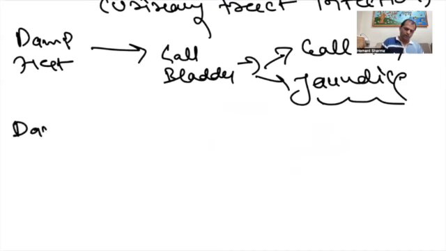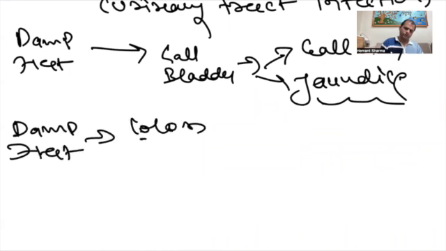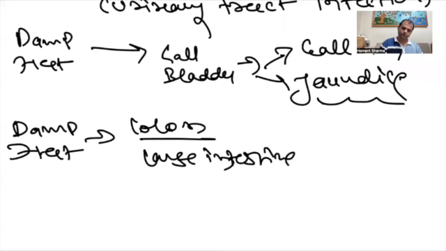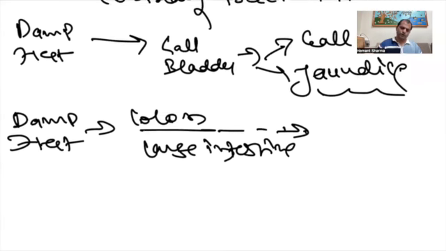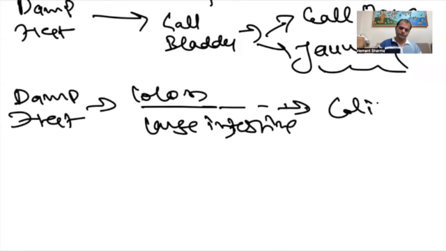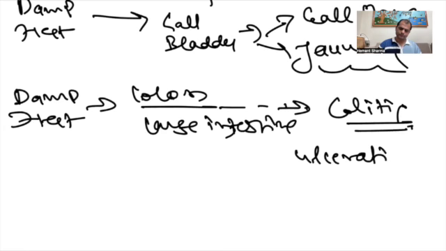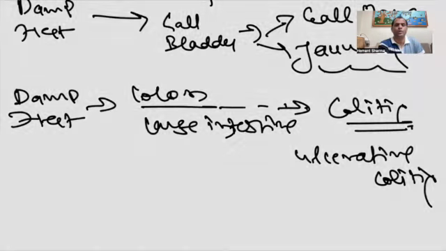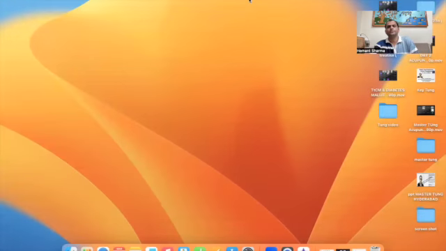So the damp heat attacking on the colon or the large intestine, right? So it will create colitis or ulcerative colitis, and might be some other problem which is having connection with the colon, right?